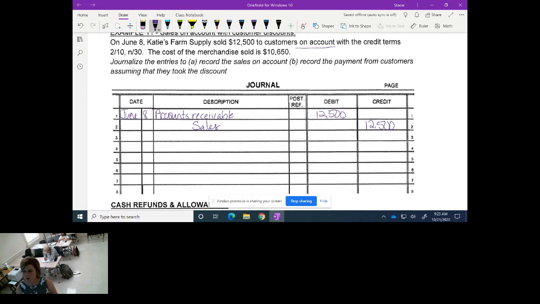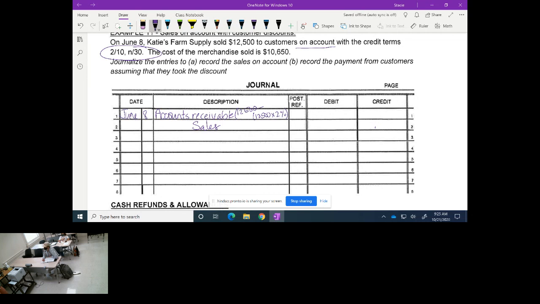Oh, but you know what? We're not, because we have this discount. So we've actually got to do 12.5 minus 12.5 times the discount. Even my calculator, it's a financial calculator, I can say 12.5 minus 2%, and it gives me the answer.